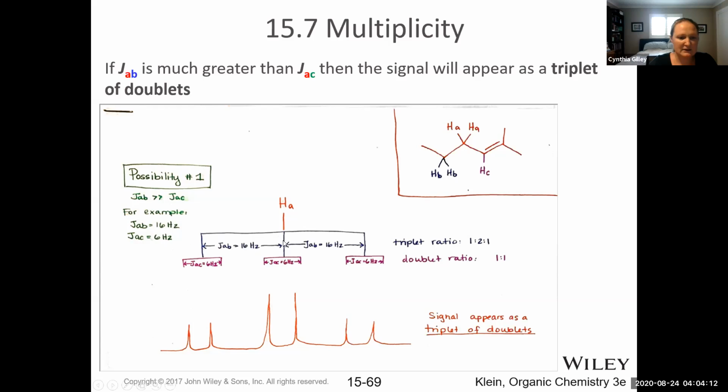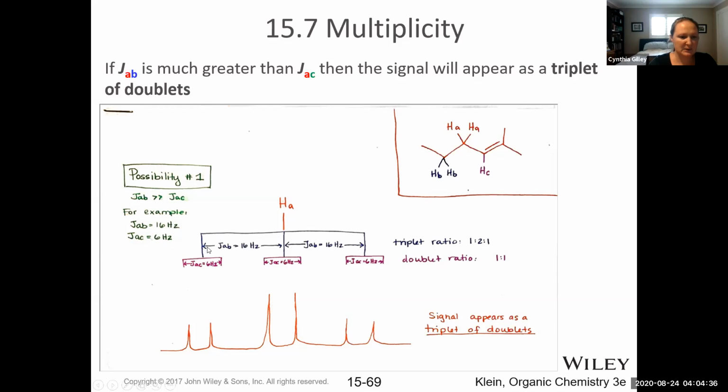Remember that the center peak in a triplet is at the exact same chemical shift of the original. It hasn't shifted at all, because that's the situation where one is aligned with, one is aligned against, or vice versa. So splitting it into a triplet means drawing a line straight down and one to the left and one to the right.